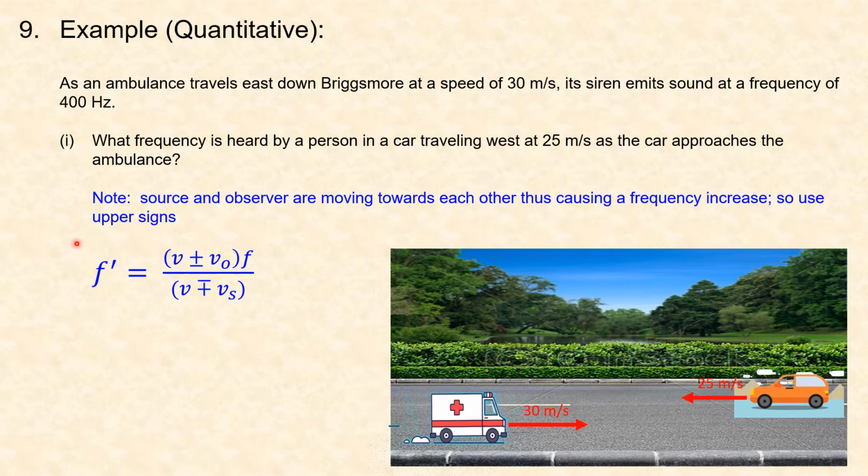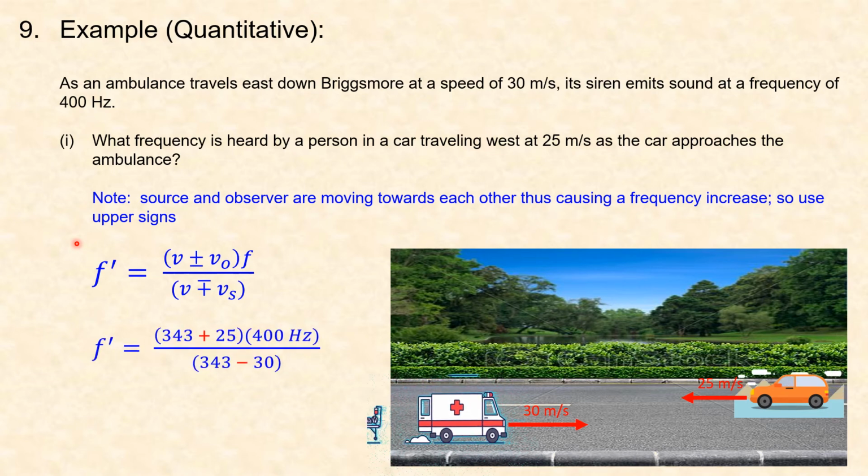Once you figure that out, the rest is just plug and chug, and we have to make sure we've got the numbers right. Remember, v is the speed of the wave in the medium, which for a sound wave in air at room temperature is about 343 meters per second.